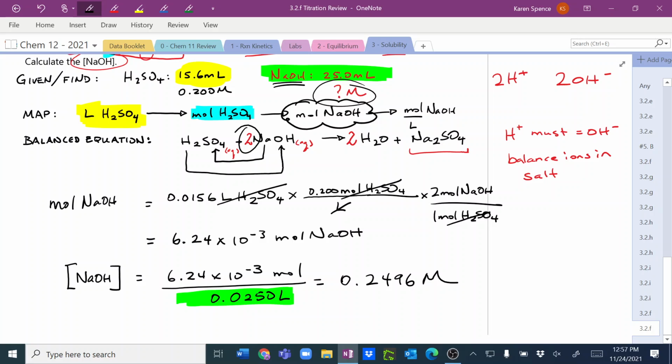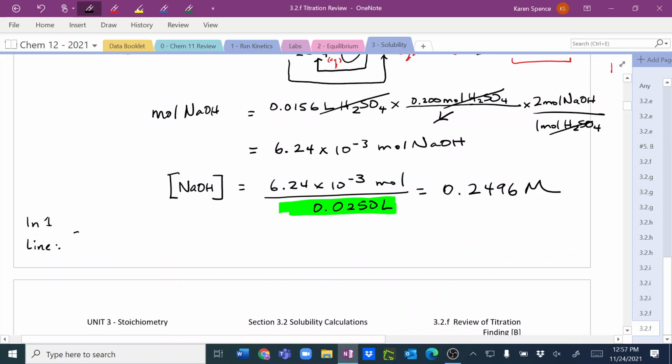what it would look like is we would be looking for the concentration of NaOH, and if you do it all in one line, you don't actually need to change your milliliters into liters. Ooh, should I do that? Just for fun? Okay.